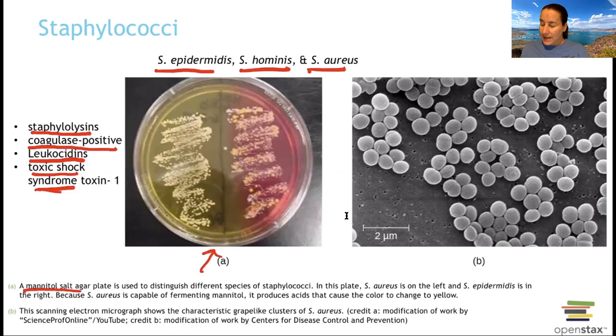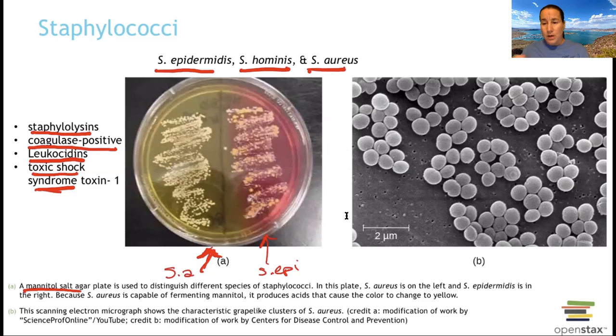So Staph epi is going to be here on the left side, and it's not going to be able to ferment the mannitol. But Staph aureus, I'm just going to put an A there for Staph aureus, ferments that mannitol, and it will change from red to yellow.